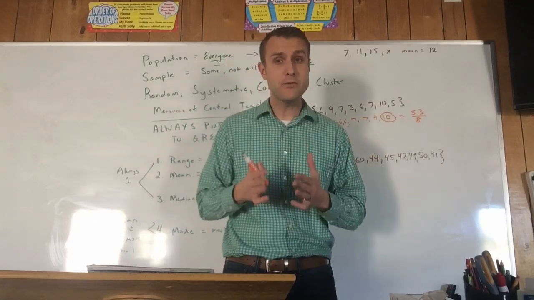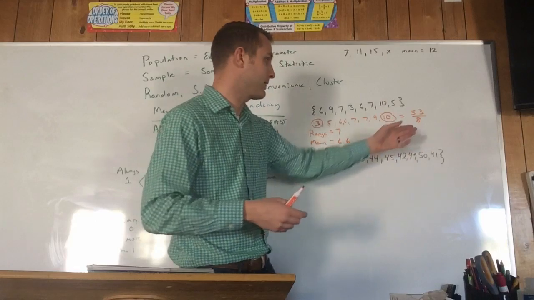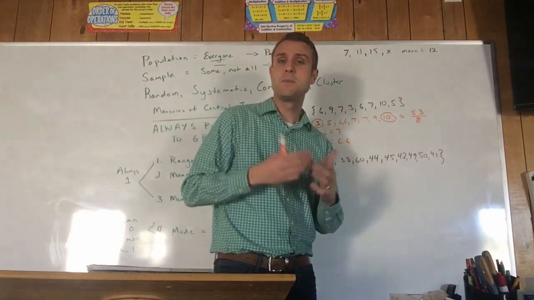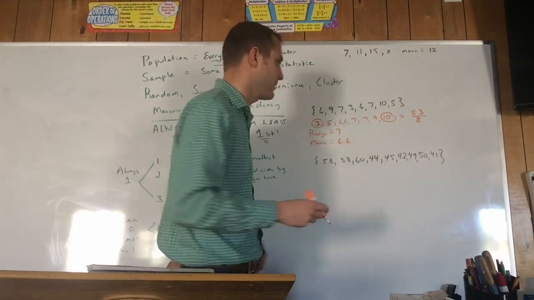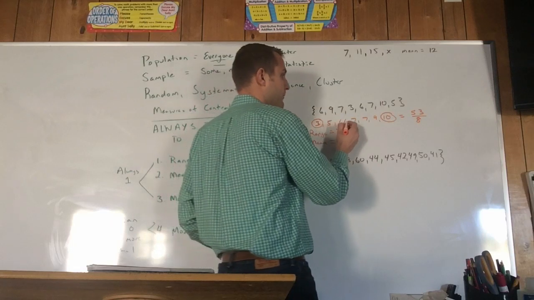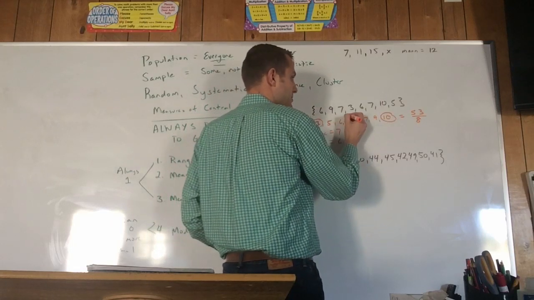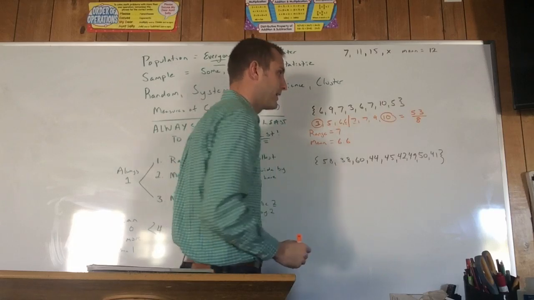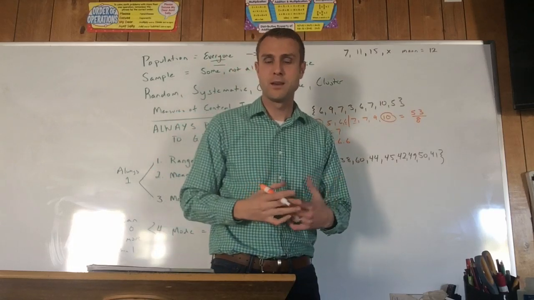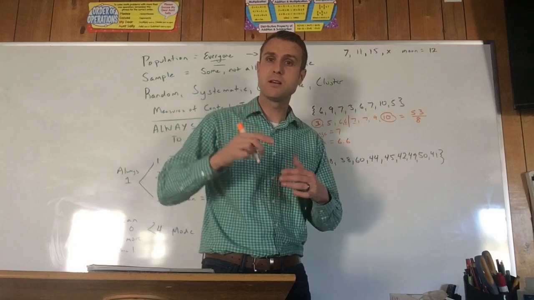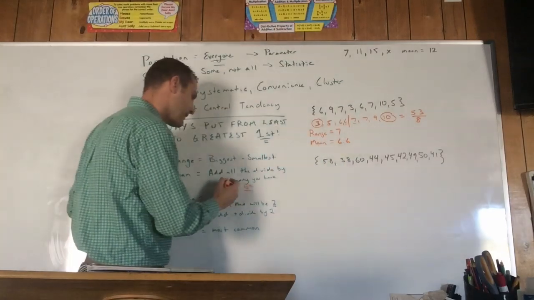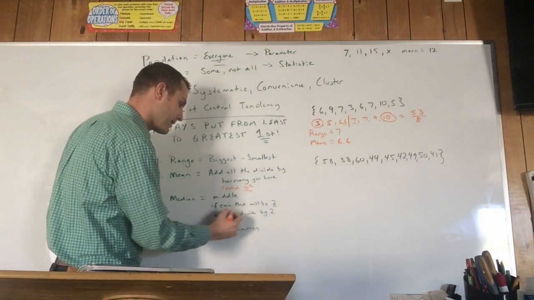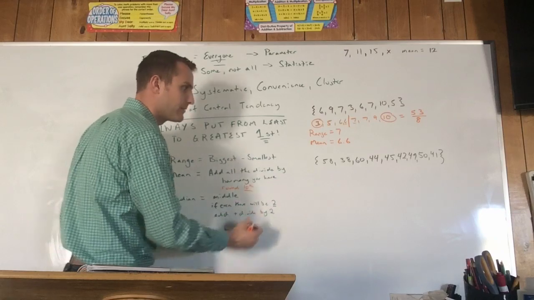But if you have an even number of numbers, like we have here, we have 8, then we're going to have two numbers in the middle. So notice I have 1, 2, 3, 4, 5, 6, 7, 8. So this is my middle. I have 6 and 7 both in the middle. So if you have two numbers in the middle, you have to add up those two numbers and then divide by 2.